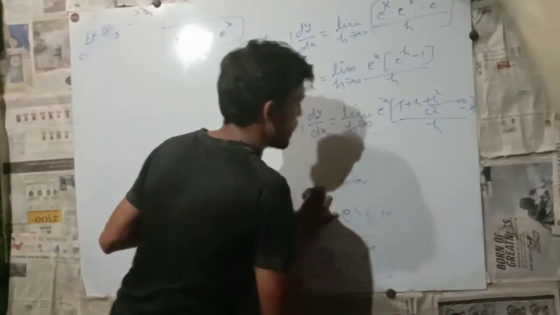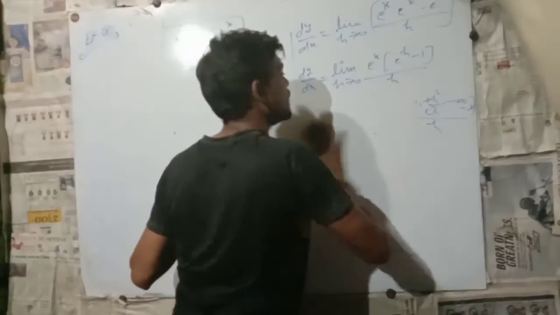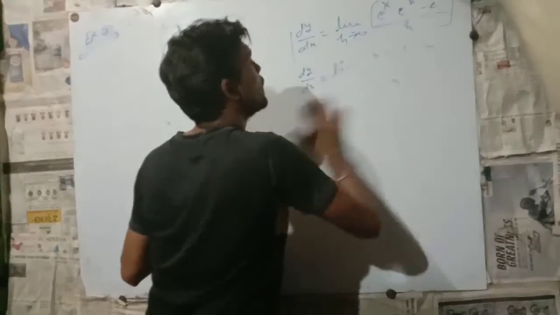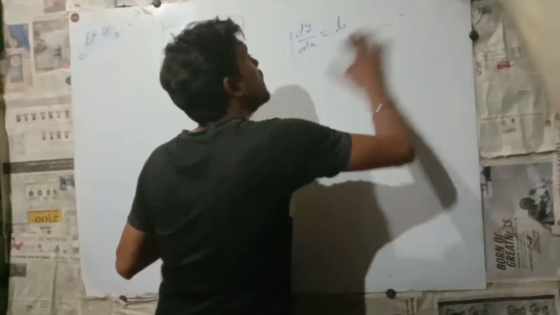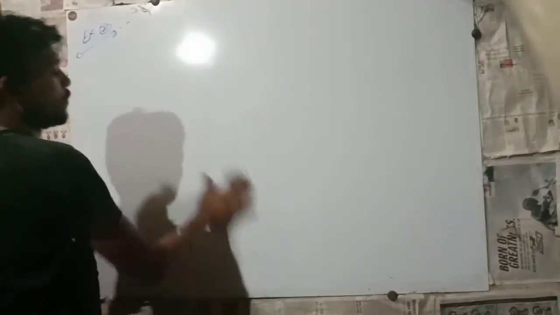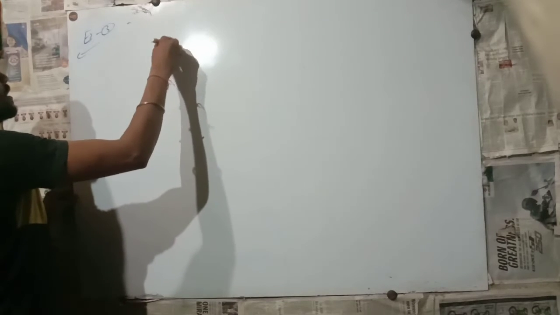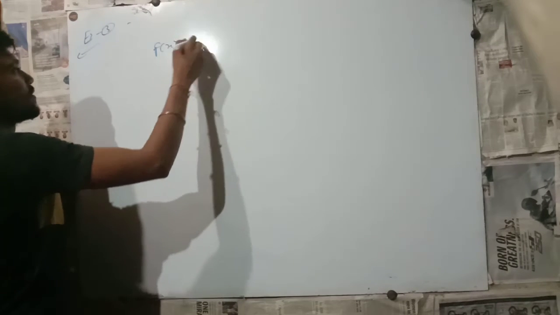Now I am solving some questions again, taking limits. Sometimes you can forget the formula, so you can remind yourself with the help of this formula, because this formula is the root of the questions. So example number 3: the function f of x is equal to x square.